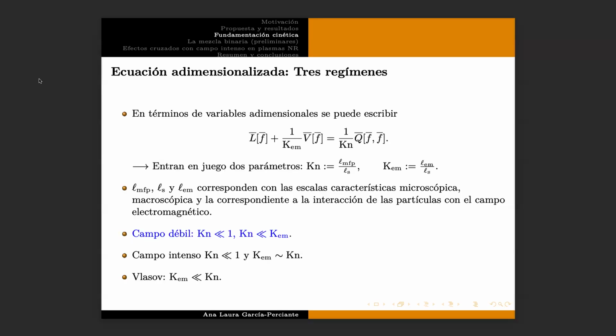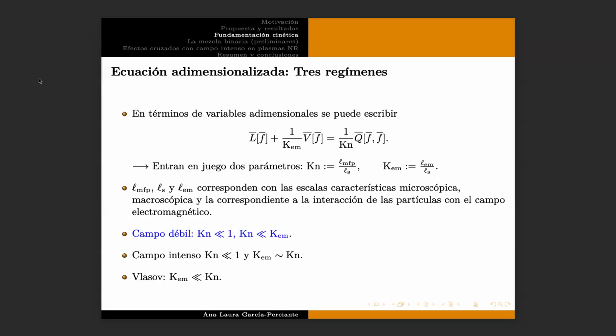When you have the electromagnetic term, then you have two competing parameters. This parameter over here is called the Knudsen parameter, and it's the ratio between the mean free path of the particles, the distance they cover between collisions, and L_S, a characteristic macroscopic length, which measures the length over which the gradients occur, the length that a particle has to cover in order to see a gradient of the temperature, for example. We usually choose it of the order of the size of the system itself.